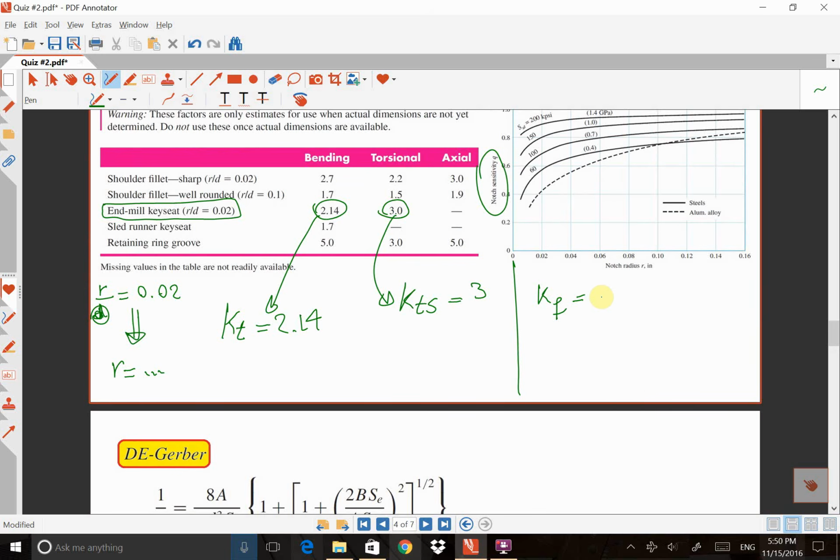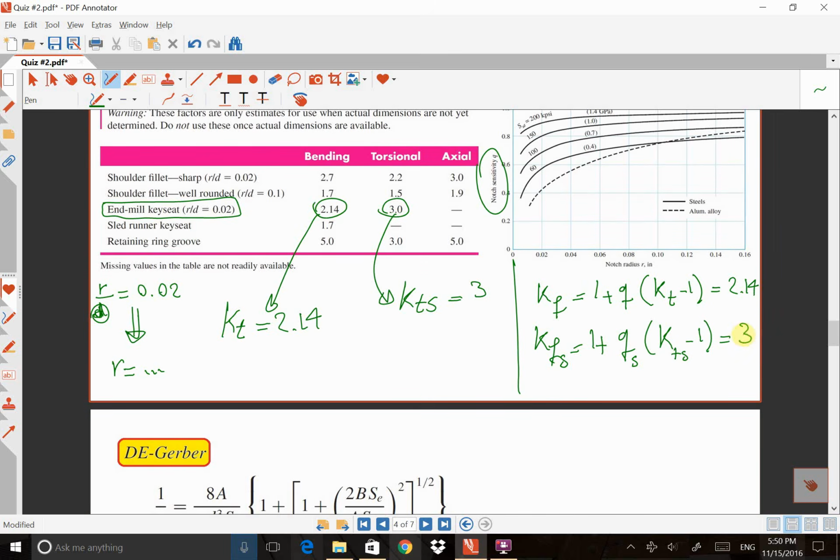Which is 1 plus Q times KT minus 1, because this is 1, so that will be just KT, that will be 2.14. And I'm gonna find KFS, which is 1 plus QS times KTS minus 1, which in this case, because that's 1, these two 1s will be cancelled out, and I'm gonna have just 3.